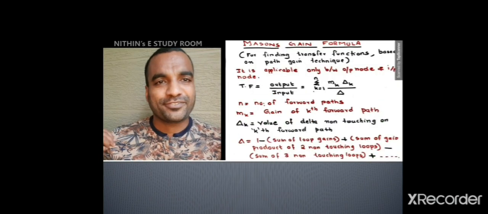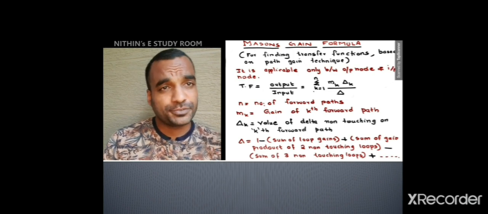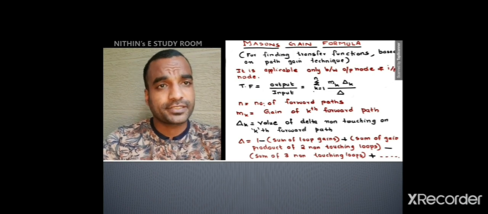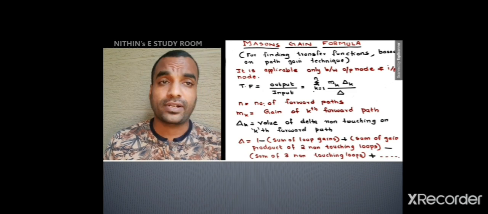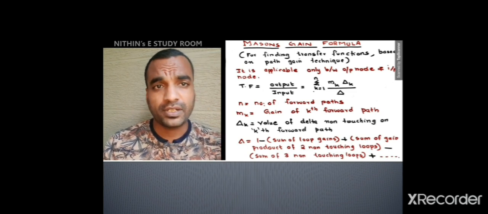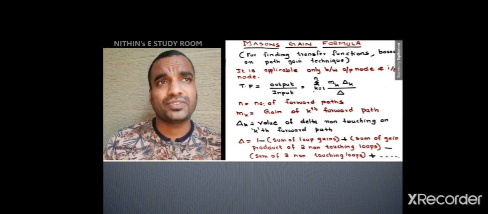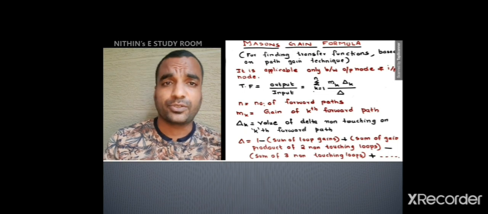The second part of this video: we are organizing the total content as two parts. In the first part, we discussed in detail the arrangement of a signal flow graph, and how we can draw a signal flow graph from a mathematical equation. Even though that is not that important for your university exams, you will never be asked to draw a signal flow graph from a set of equations.